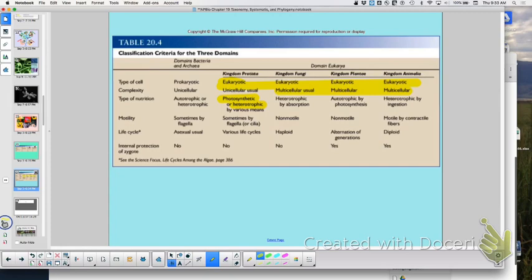In fungi, they're absorptive heterotrophs. That means they don't bring food in like we do with ingestion and then digest inside. They absorb their nutrients. I've probably mentioned athlete's foot before. The fungus on your foot releases digestive enzymes and then absorbs the nutrients from your foot, which might be why it irritates and feels itchy. I've never had athlete's foot.